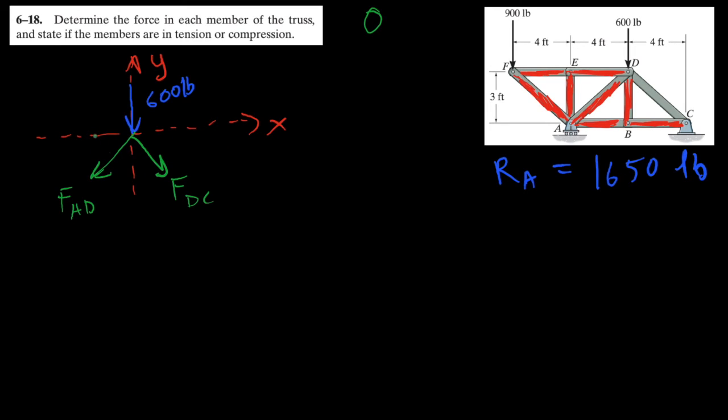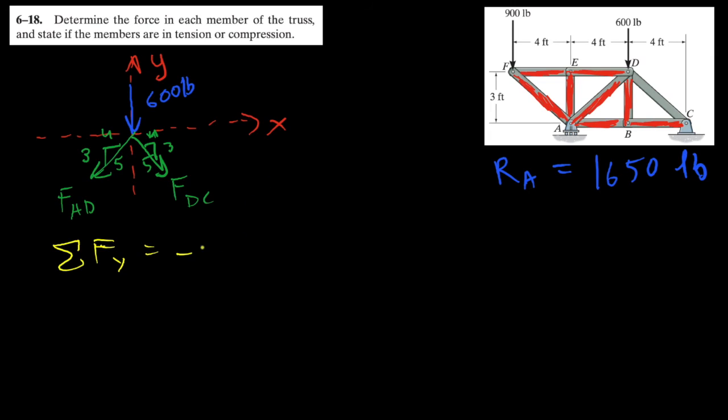And again, let's draw the triangles on our vectors. So we have 3, 5, 4 here. And similarly, we have a 3, 4, 5 triangle on the other vector as well. Now let's solve the equation for the summation of forces in the y component.